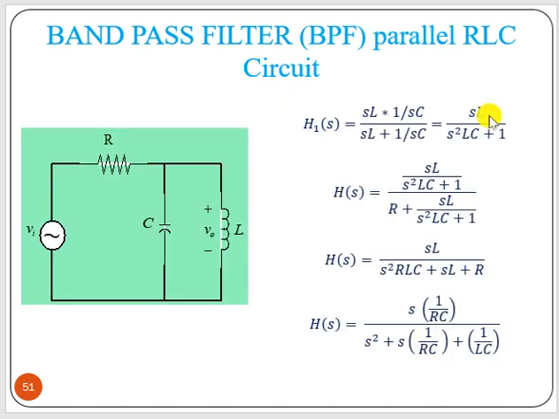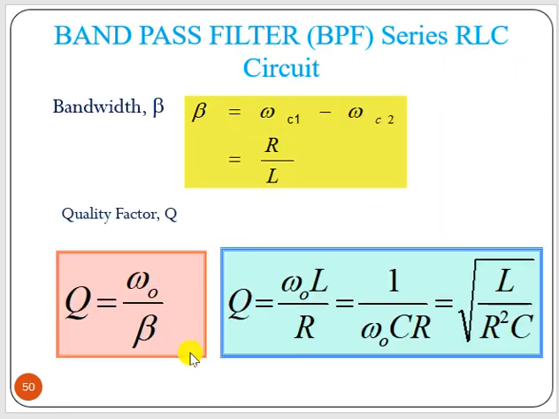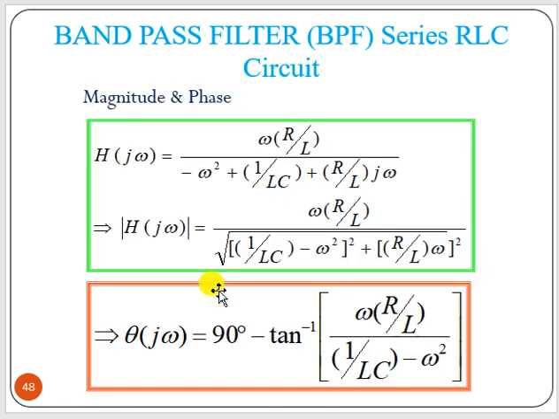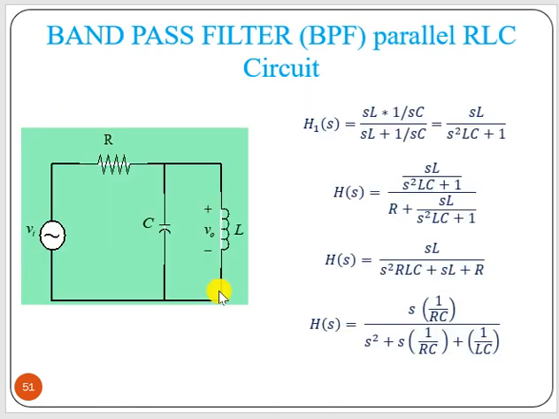Now say a band pass filter for a parallel RLC circuit. Previously it was a series RLC circuit with output taken from the resistance. Here we have a parallel arrangement, that means LC in parallel, with R in series with that. So the LC in parallel has impedance SL into 1 by SC divided by SL plus 1 by SC.